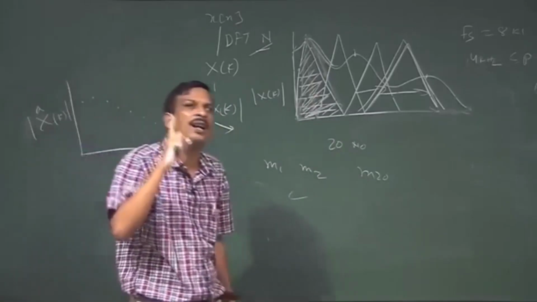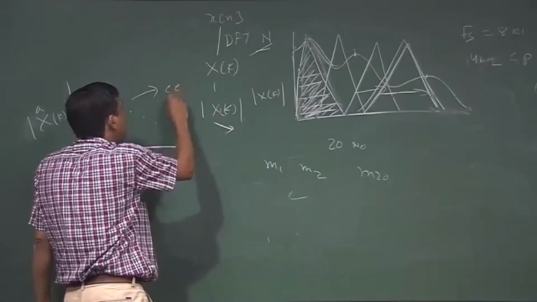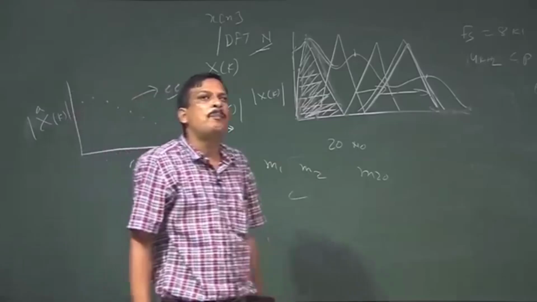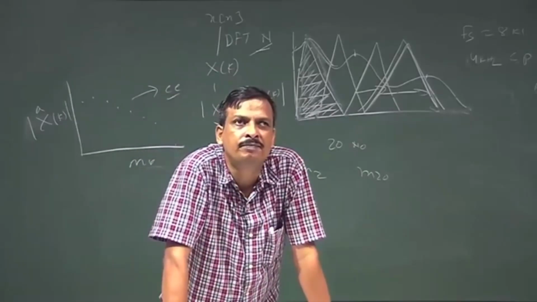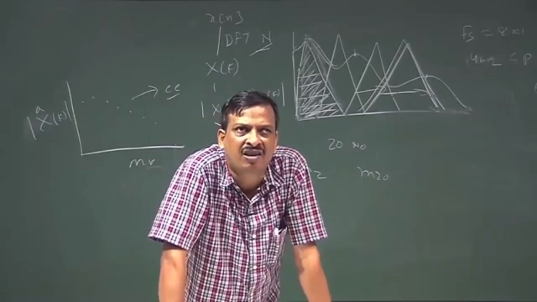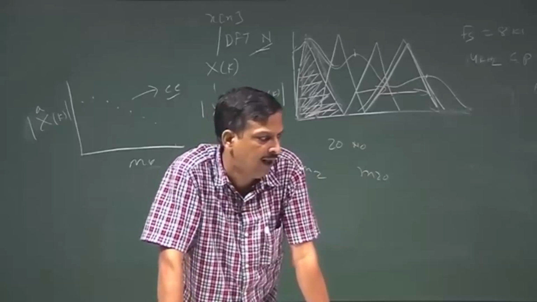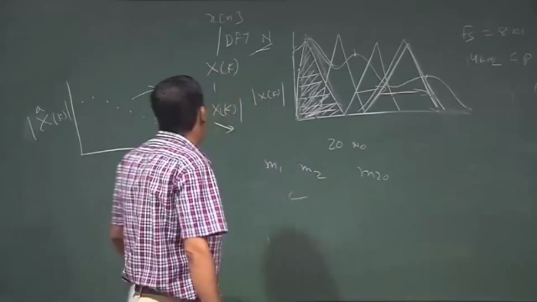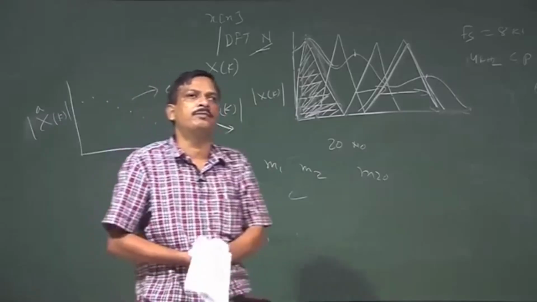Once I get the mel scale spectrum, if I analyze the cepstral coefficients, then this is called the mel scale cepstral coefficient. Since my spectrum is frequency warped in mel scale, that is why it is called mel frequency cepstral coefficient.